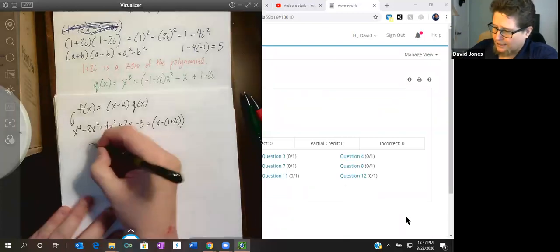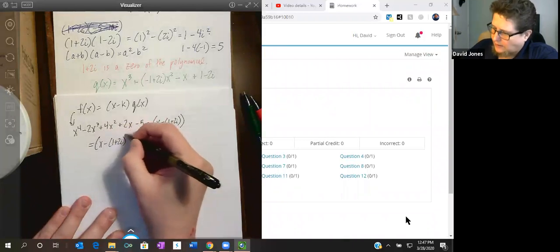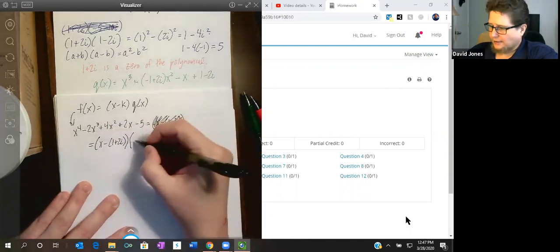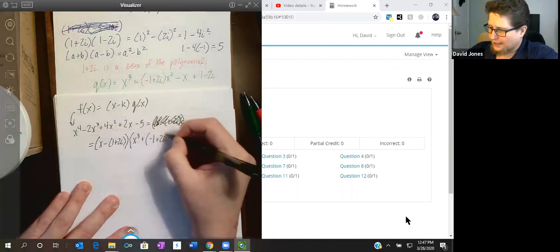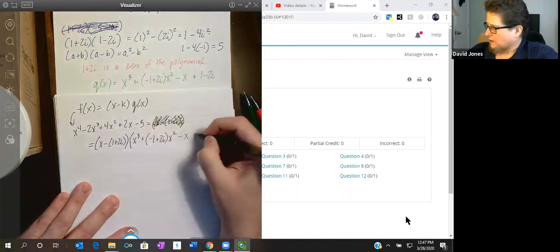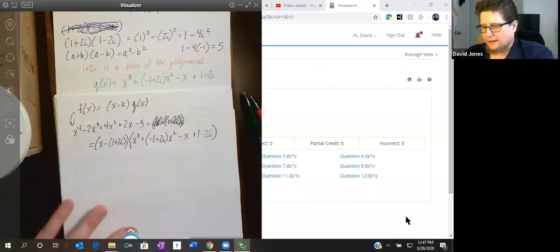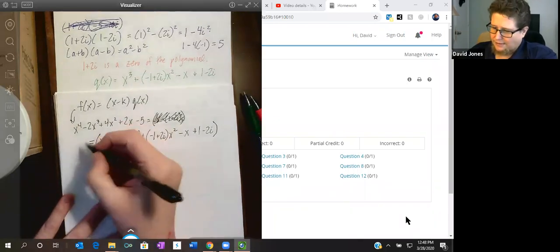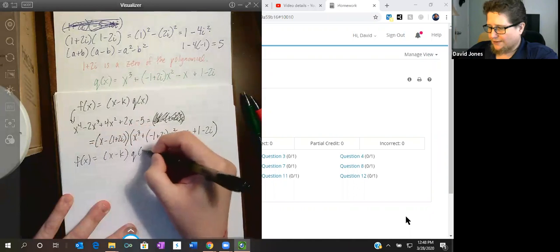Actually, I'm going to write it below because this is going to take up so much room. Times my quotient, x cubed plus negative 1 plus 2i x squared, then minus x plus 1 minus 2i. So f of x equals x minus k times q of x.